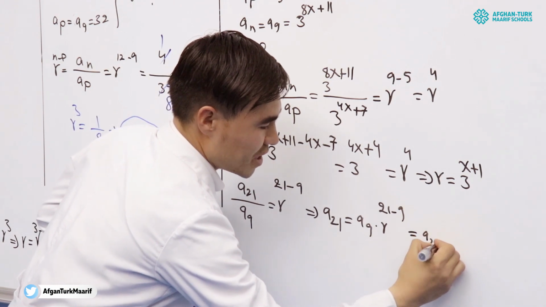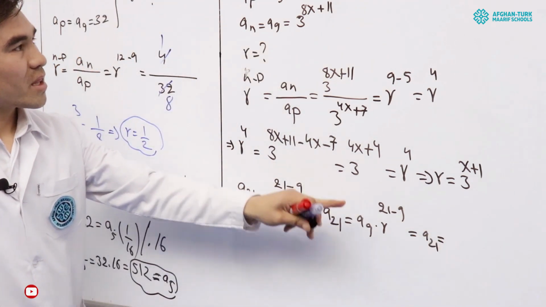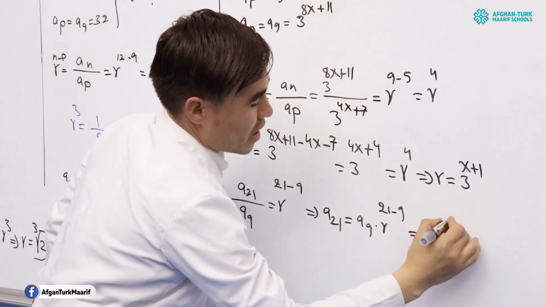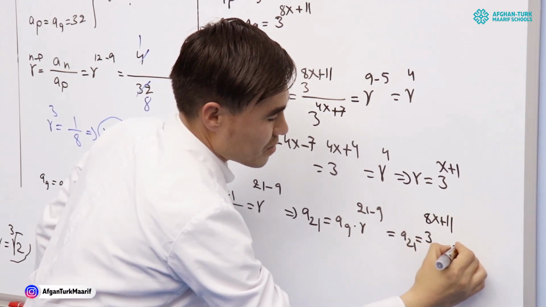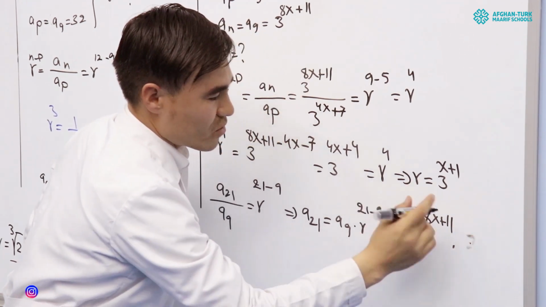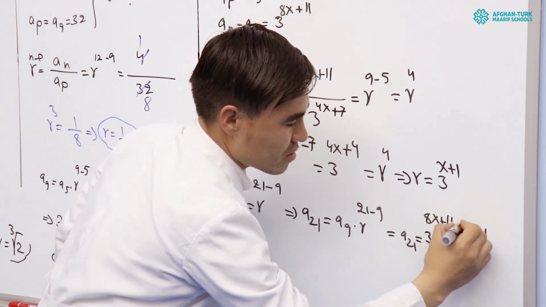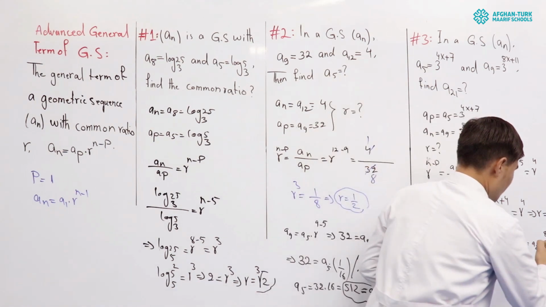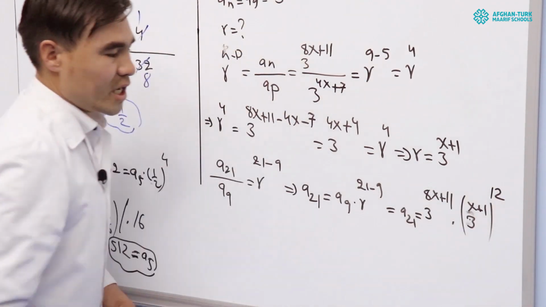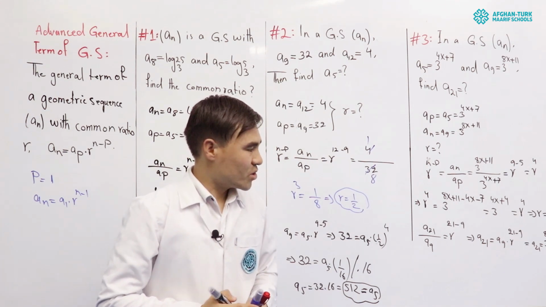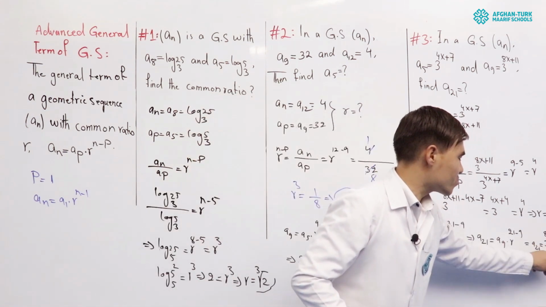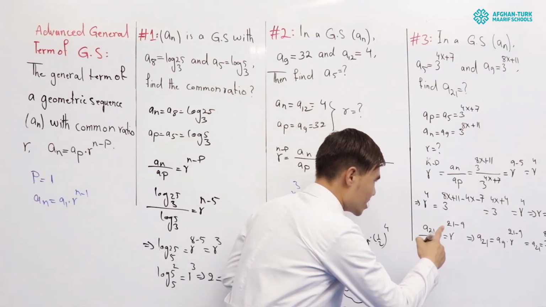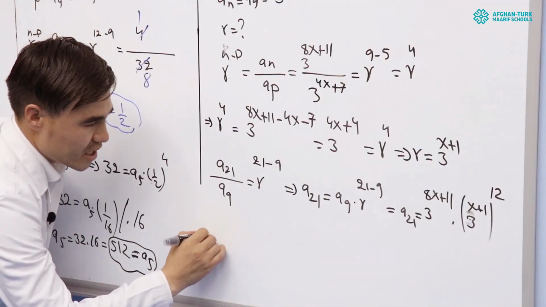Here a9 is equal to 3 to the power of 8 times x plus 11, times r, where r is equal to 3 to the power of x plus 1, to the power of 21 minus 9, which is 12. When I multiply two terms whose bases are equal, I add the powers together according to the exponential properties.